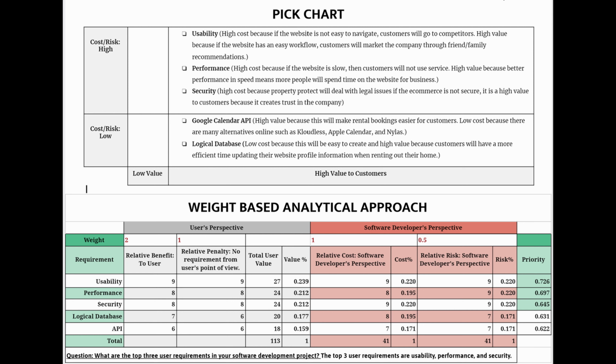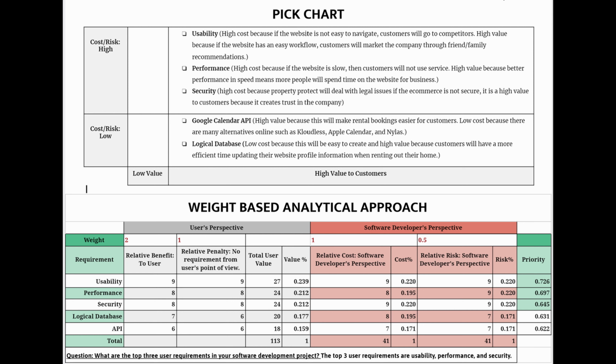And for usability in the weight-based analytical approach, I'm just basing it off of the pick chart. This is my reasoning for why this is a 9, this is a 9, this is a 9, and this is a 9, because it's extremely important. And the priority just breaks it down that it's the most important.